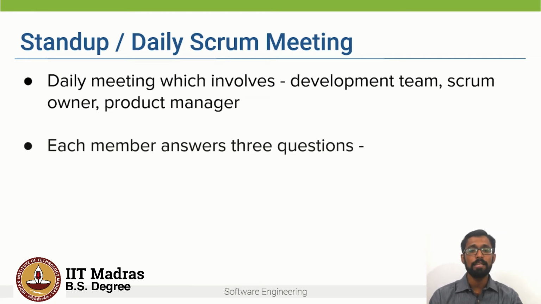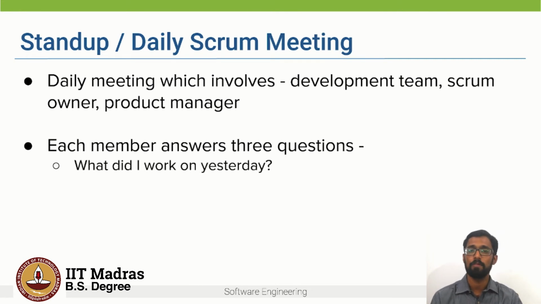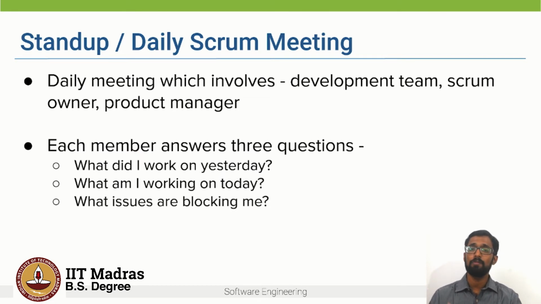Each member of the team answers 3 key questions. One is, what did I work on yesterday? What am I working on today? And what issues am I facing, or what issues are blocking my progress? When each member answers these questions, it strengthens the team because everyone shares the progress of how they are contributing to the team.